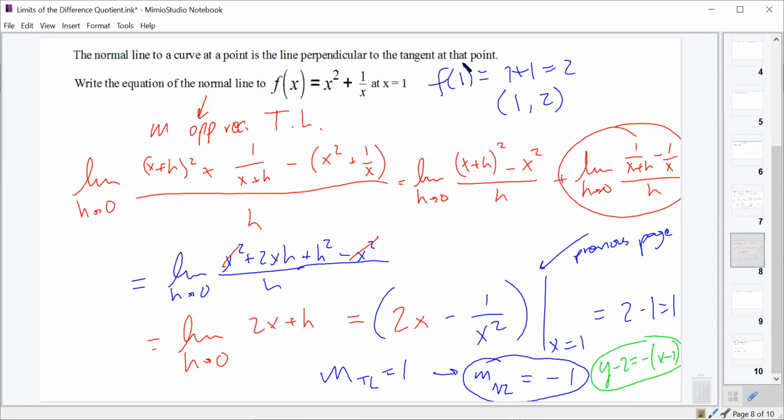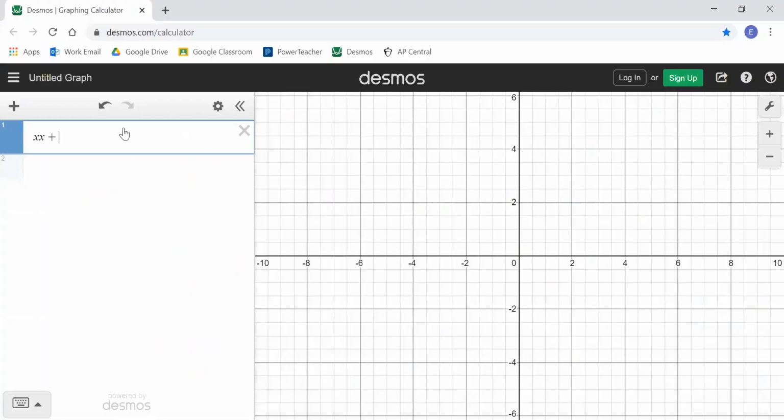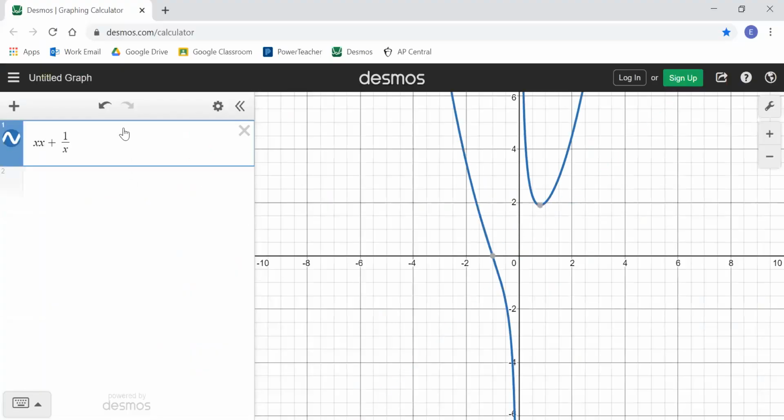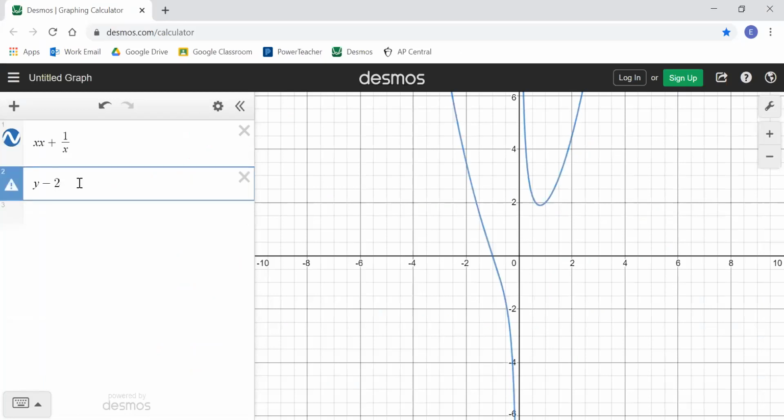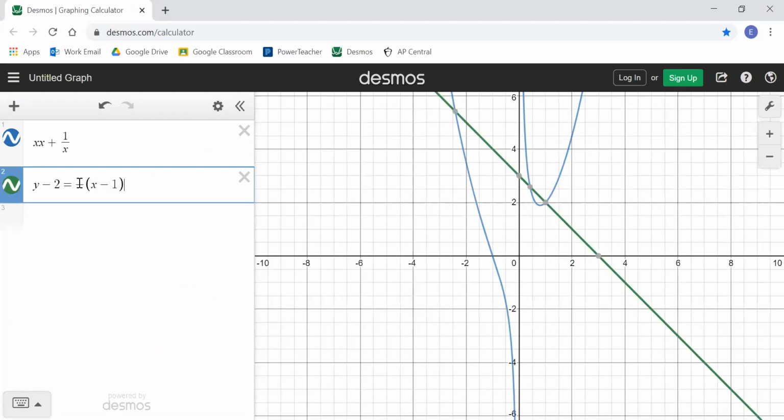Good. All right, and let's real quickly look on here. We had x squared plus 1 over x. All right. So there's x squared plus 1 over x. And we had y minus 2 equals negative (x minus 1). And at x equals 1, it sure looks like that's perpendicular to the slope of this function there. We could test by looking at the actual line here.